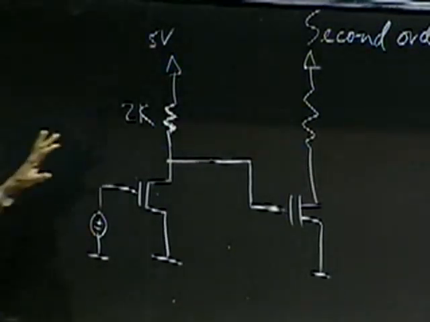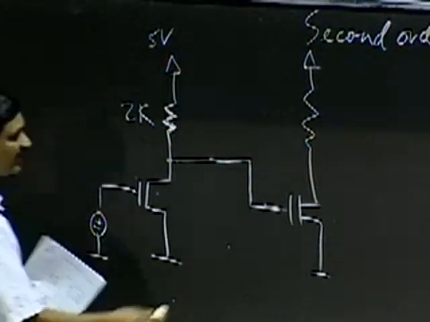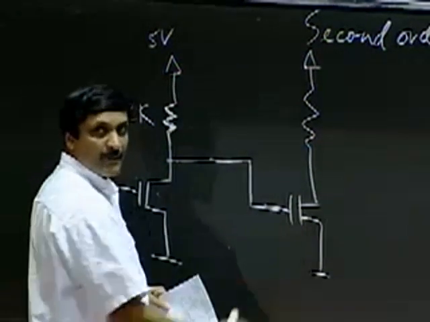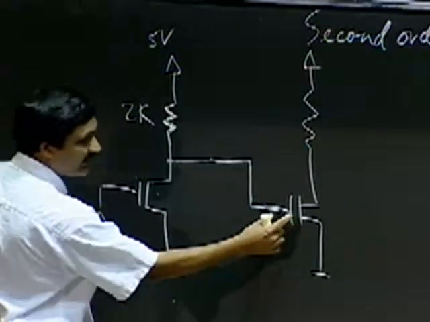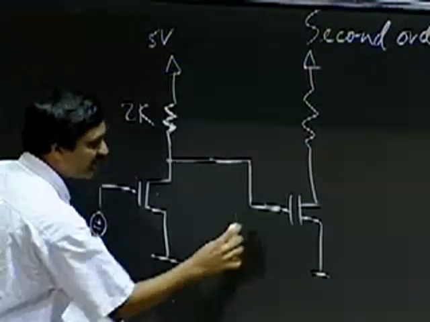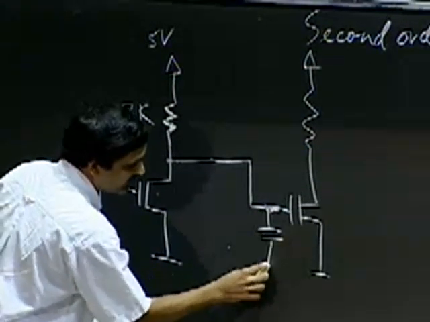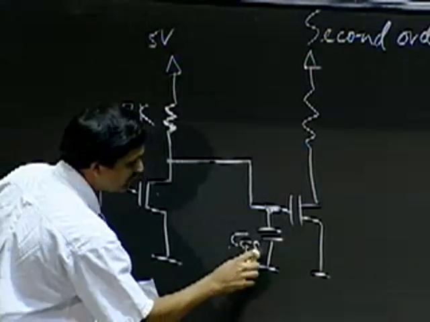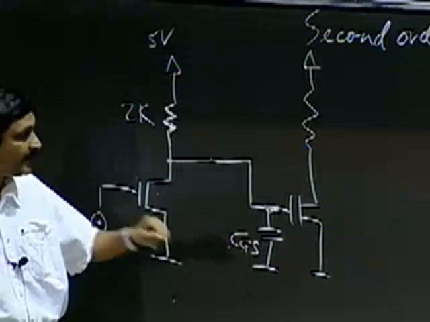What we saw in the last few lectures was that in this specific example, there was a parasitic capacitor associated with the gate of this MOSFET, and that could be modeled by sticking a capacitor CGS between the gate of the MOSFET and ground.